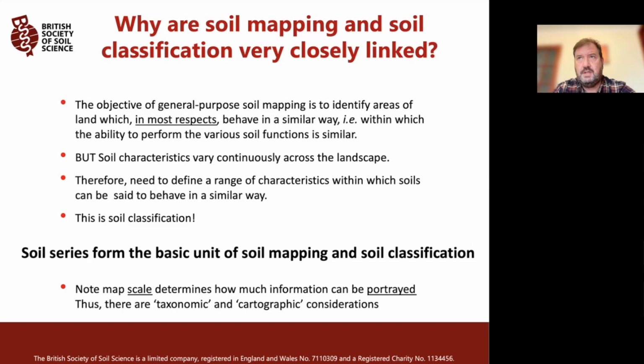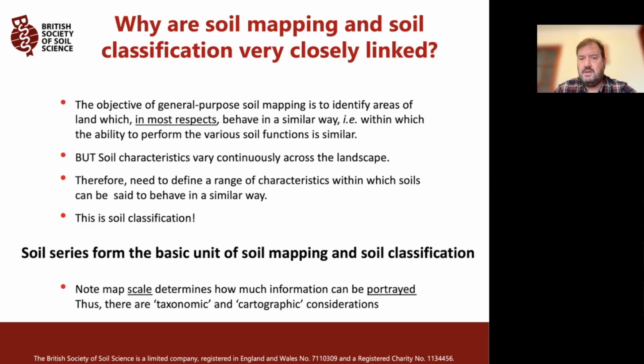And I think the point I just wanted to make here is the map scale that we use when we try to map soils determines how much information you can pack into a particular polygon that represents those soils. And so we can differentiate between taxonomic classification, which is pretty much what I've been going through, and a cartographic classification, which might be a way that you group soils together into a polygon that's shown on the map.